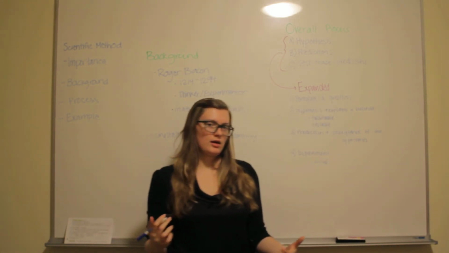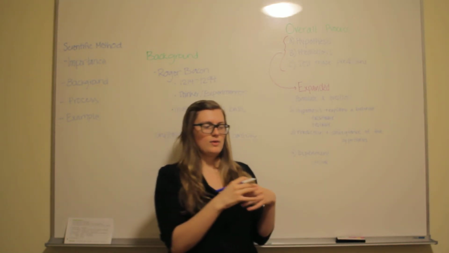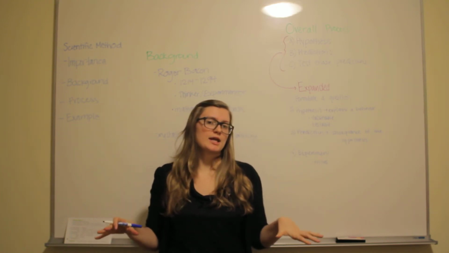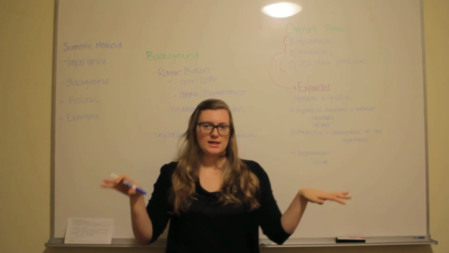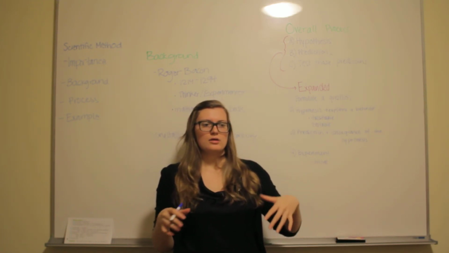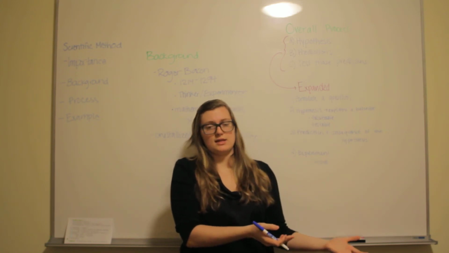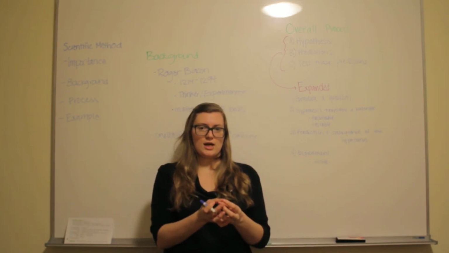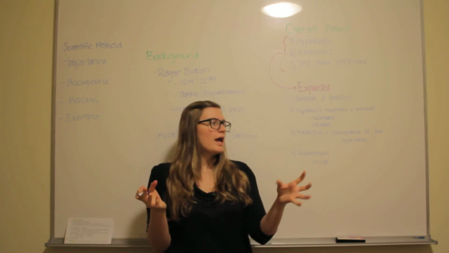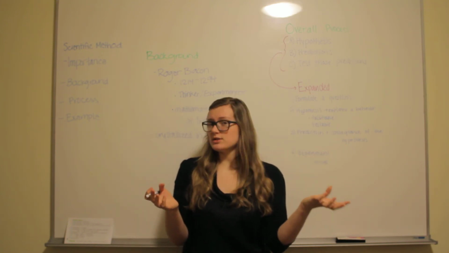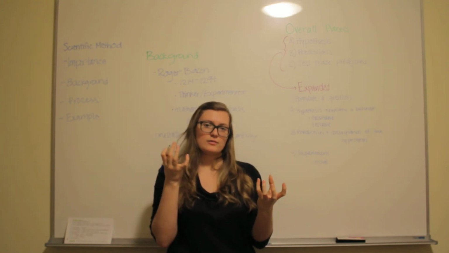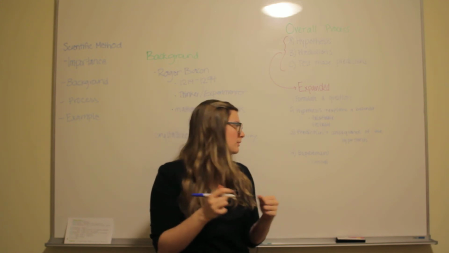Because if you think about it, if in the entire experiment you have all these different people taking a certain medication, and they all get the medication, you're not going to really be able to compare it to what would happen if you didn't take the medication. So what you would do is create two groups of people: a group that took the medication and maybe a group of people that thought they were taking the medication but weren't actually. So you could compare the effect of the medication on those people.